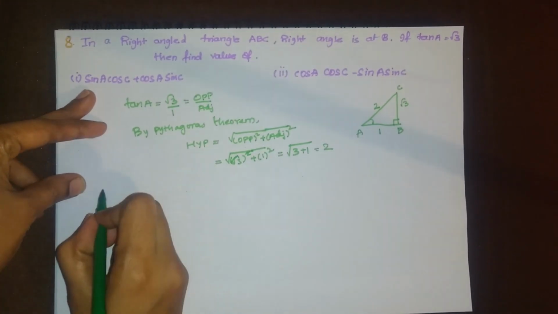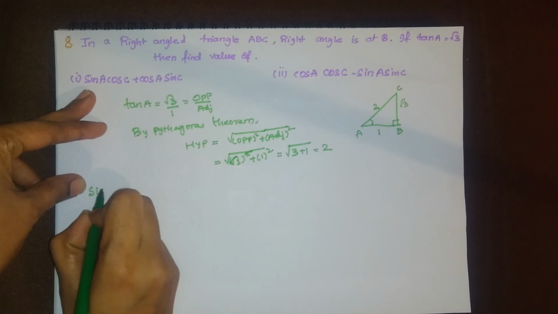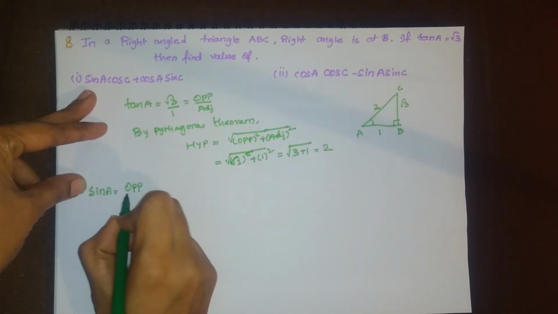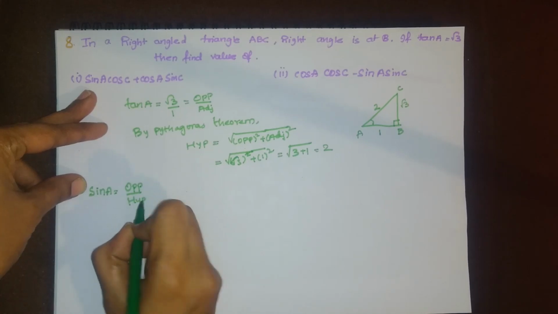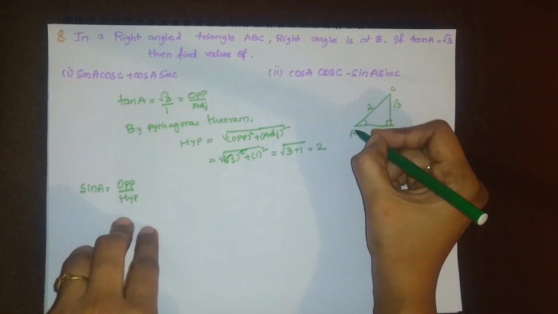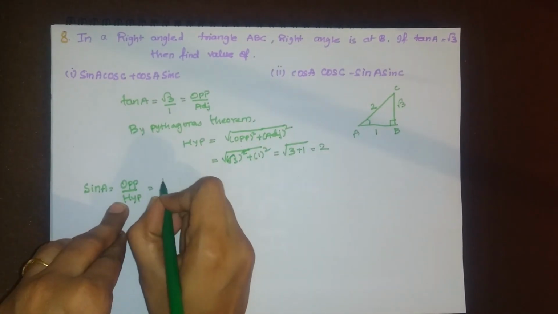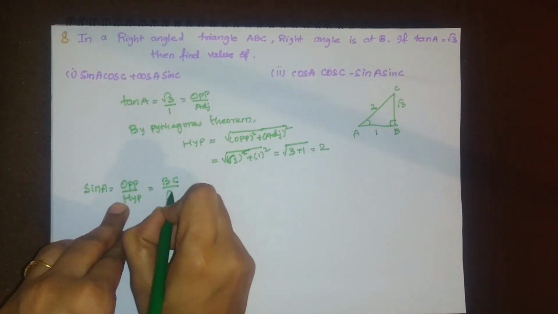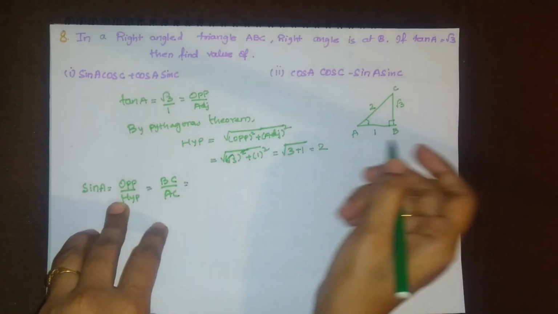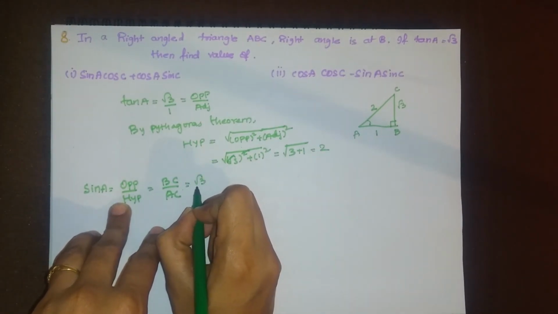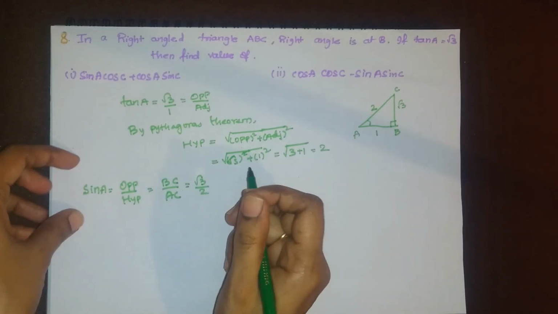Now, what is sine A? Opposite divided by hypotenuse. What is opposite to angle A? It is BC divided by AC. This is equal to square root of 3 by 2.